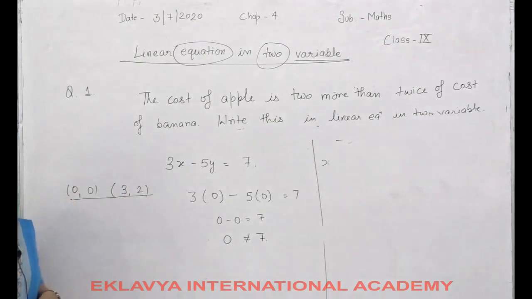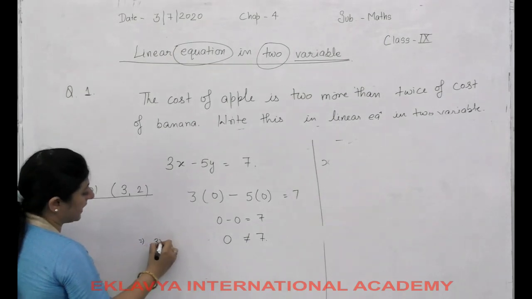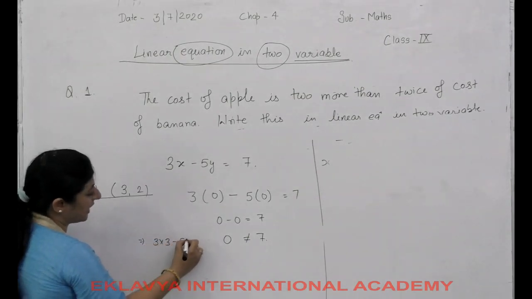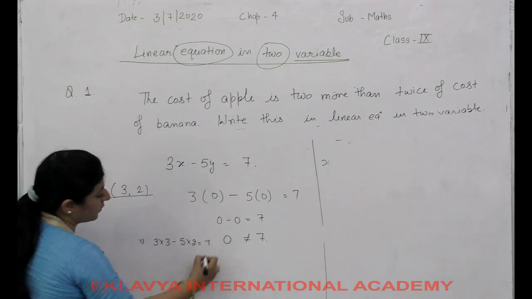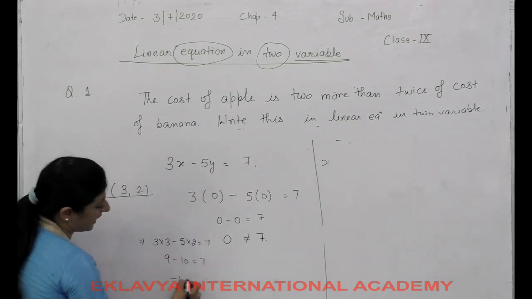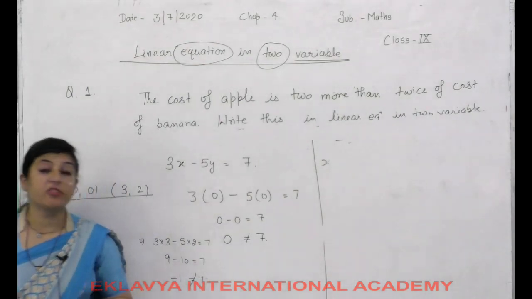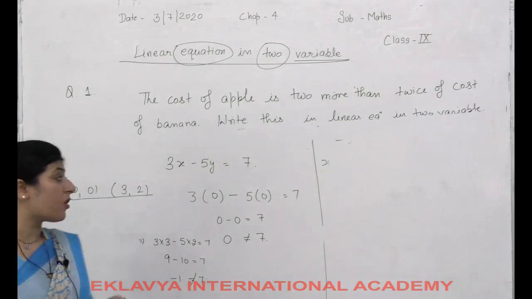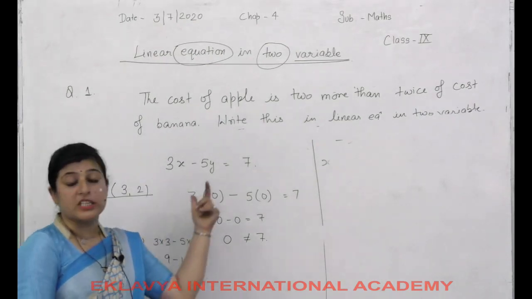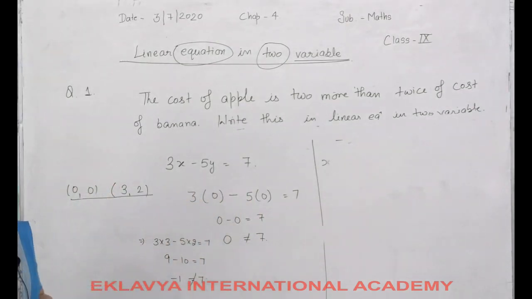Similarly, we can check 3 multiplied by 3 minus 5 multiplied by 2 is equal to 7. 9 minus 10 is equal to 7, minus 1 is equal to 7. Minus 1 does not equal 7. So this ordered pair is also not a solution of this equation.